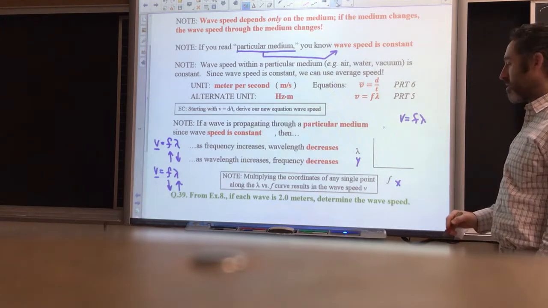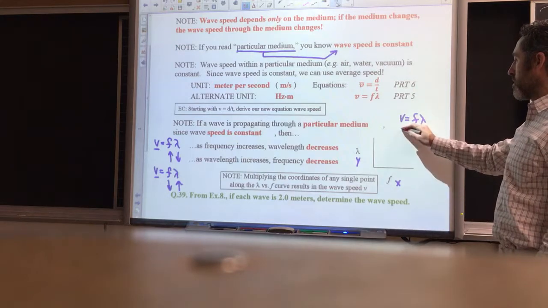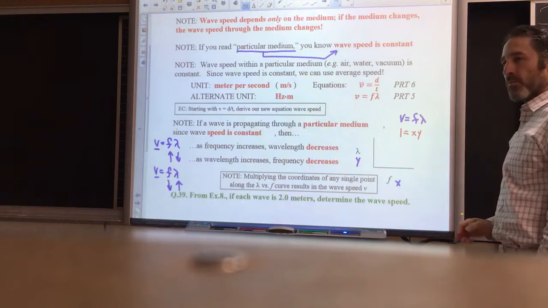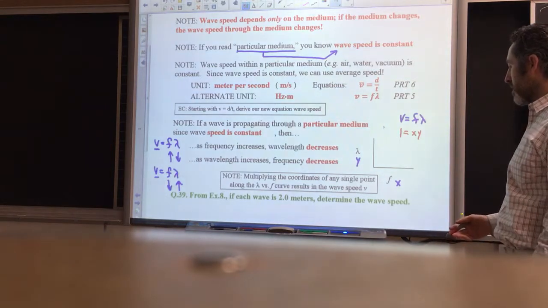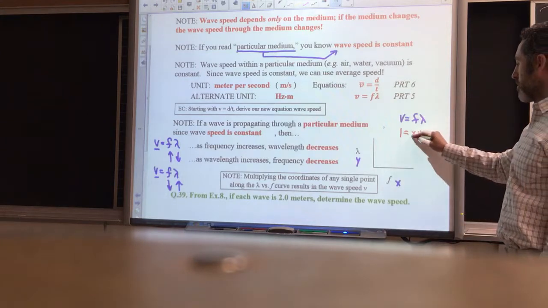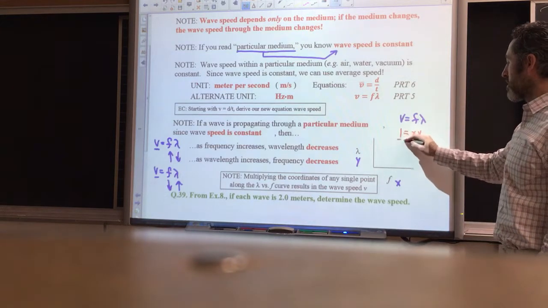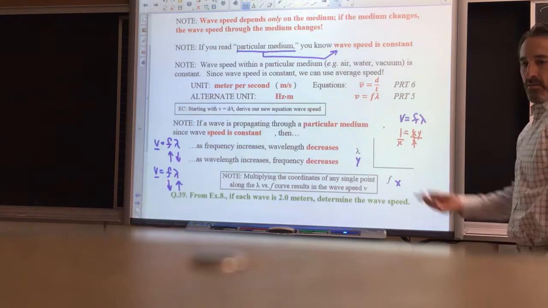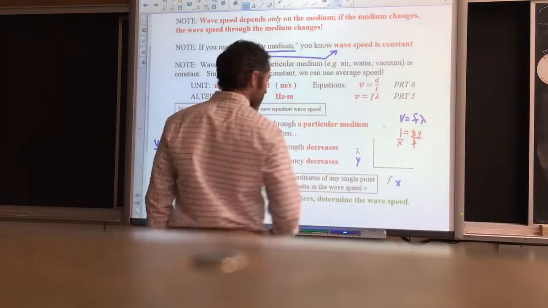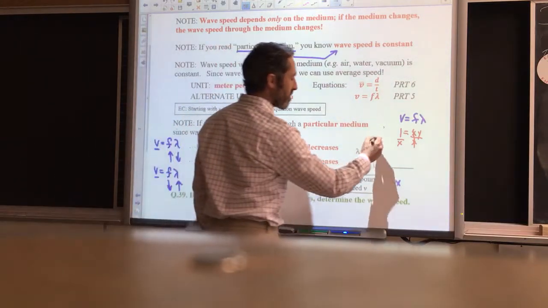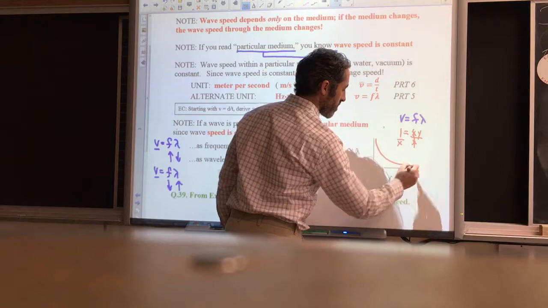Oh, 1 equals x times y. Yeah, 1 equals x times y. Now some of you already know what that is, but just in case, you can't plug it into your calculator unless it's in y equals. So divide both sides by x. And y equals 1 over x. Put it in your calculator, what does it come out to? Yeah, the inverse graph, the water slide. It's not a straight downhill, it's this one.